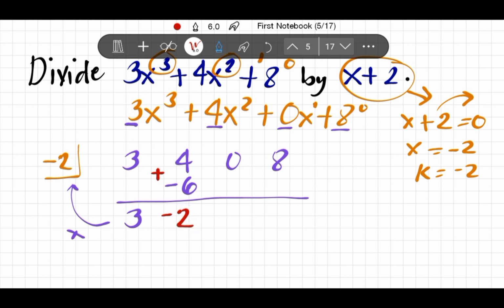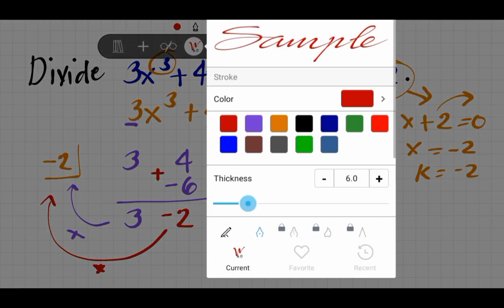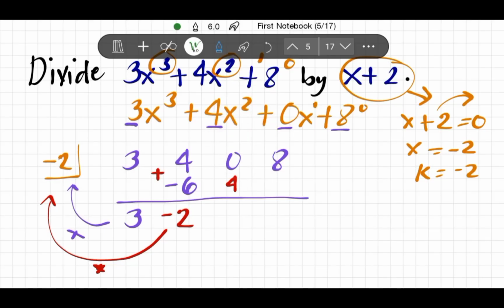Next, you need again to repeat the process. Multiply negative 2 by the value of k, which is also negative 2. So negative 2 times negative 2 is positive 4. And write positive 4 in the third column. And after that, add 0 and positive 4.